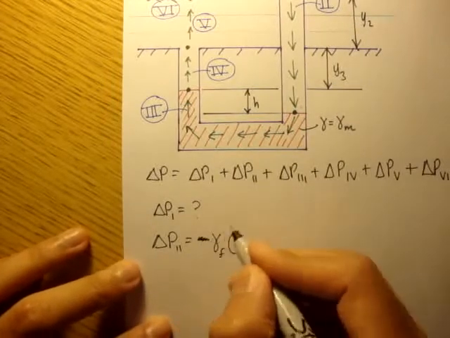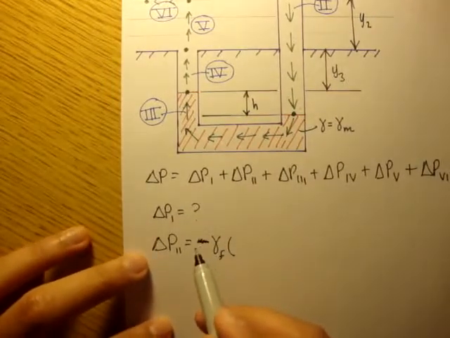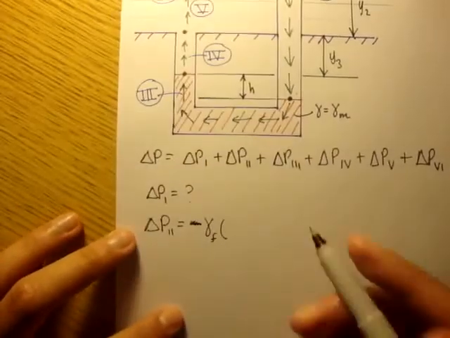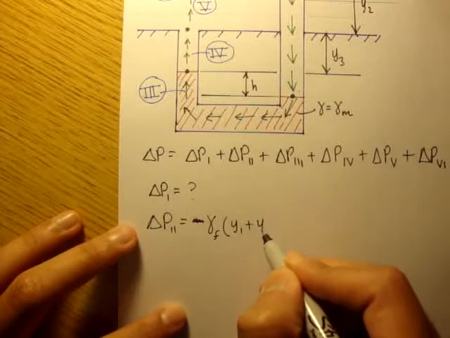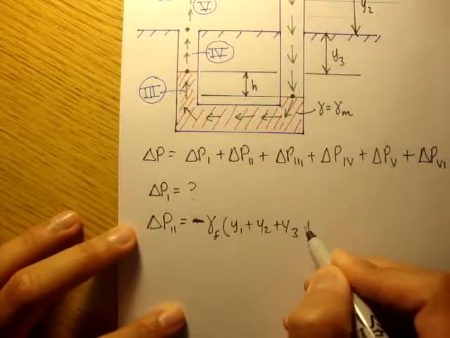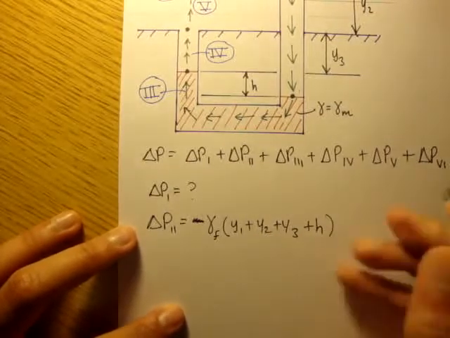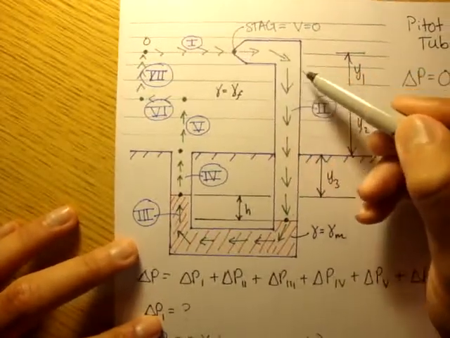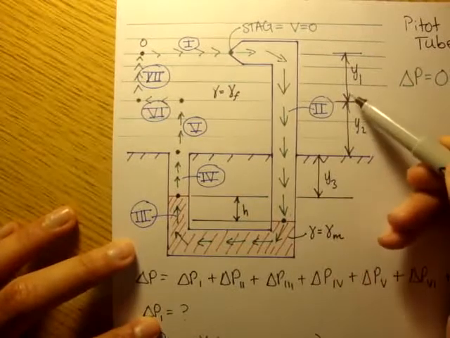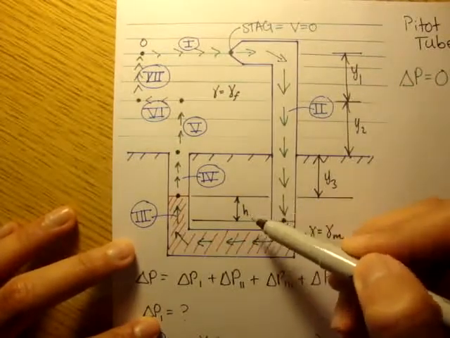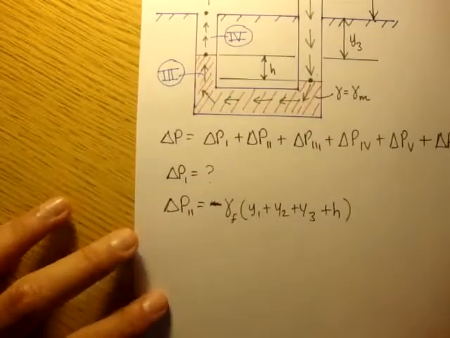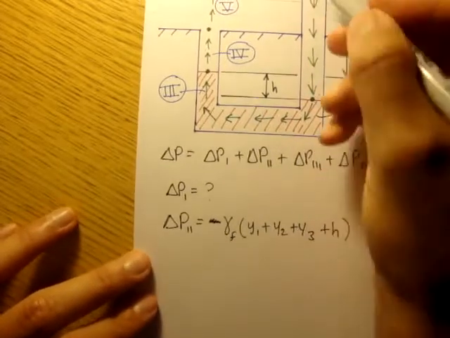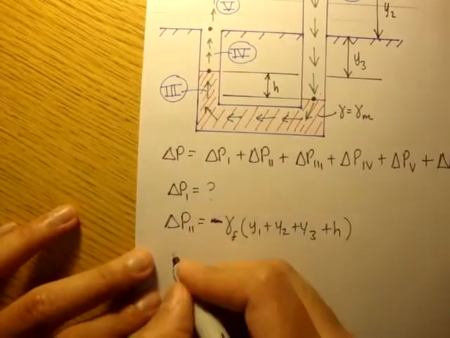Actually, this should be positive because it's a negative and we're going down, so that's two negatives. That's y1 plus y2 plus y3 plus h. That's the pressure from here all the way down to here. So that's a positive pressure change.